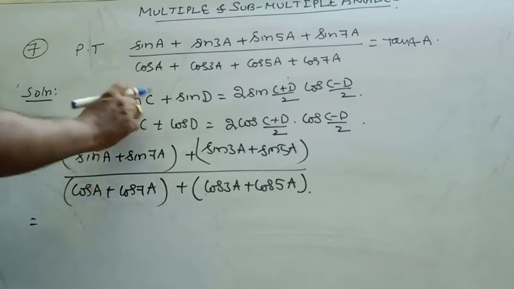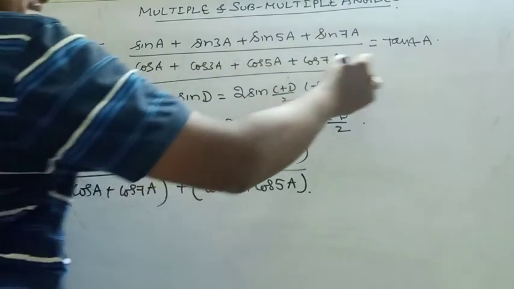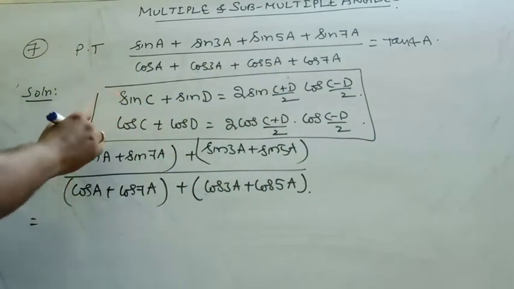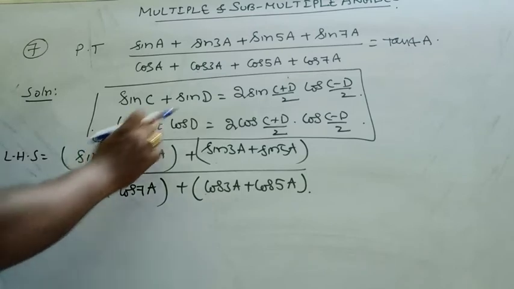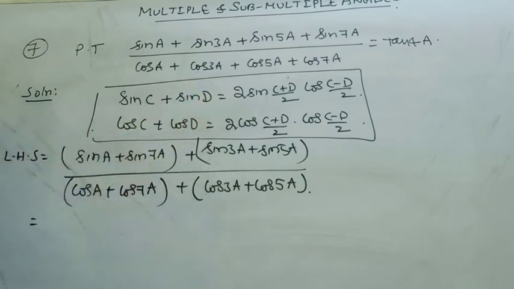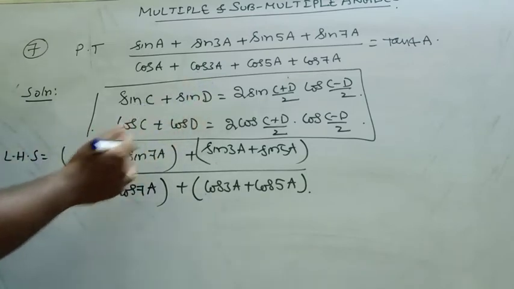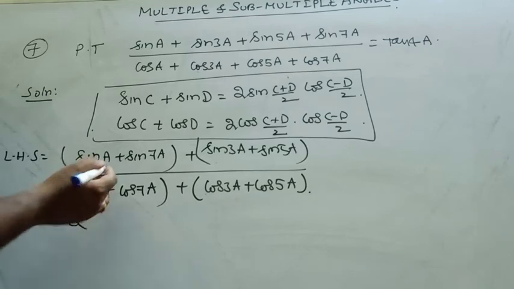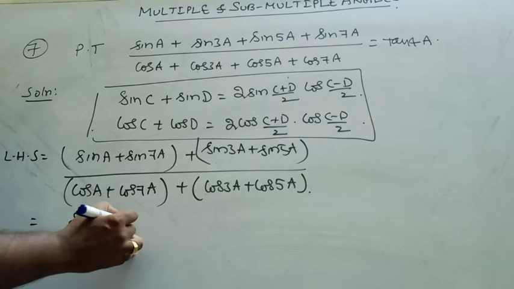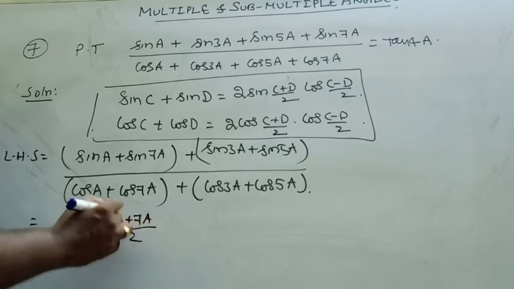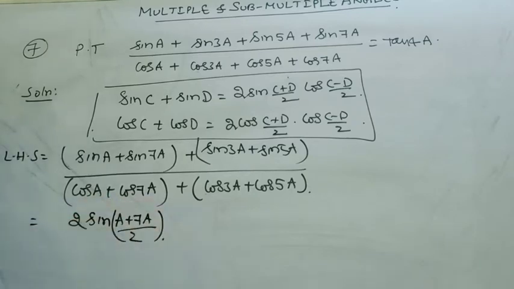Now sin c plus sin d, these are the two formulas I told you. Okay, however, we are going to prove them in our next transformations. Sin c plus sin d, in the place of c you are having a, in the place of d you are having 7a. Now this is sin c plus sin d is equal to 2 sin c plus d by 2, a plus 7a by 2, right?